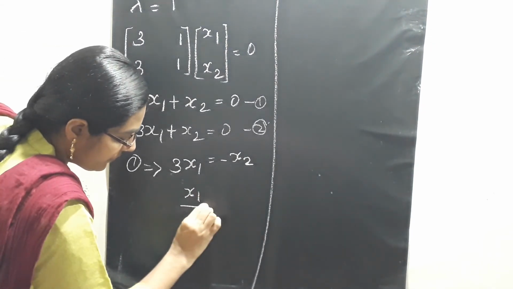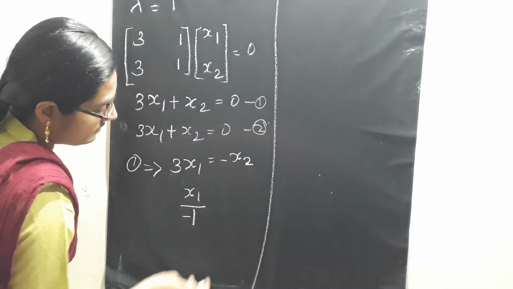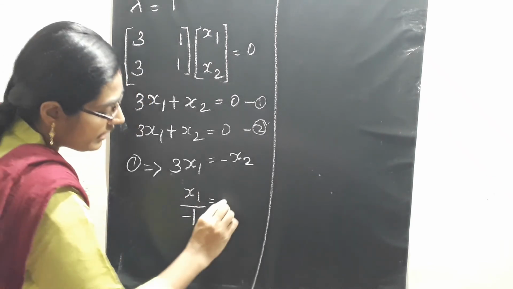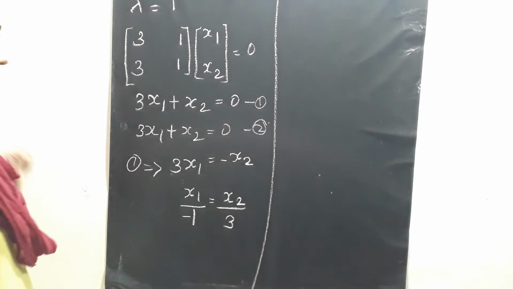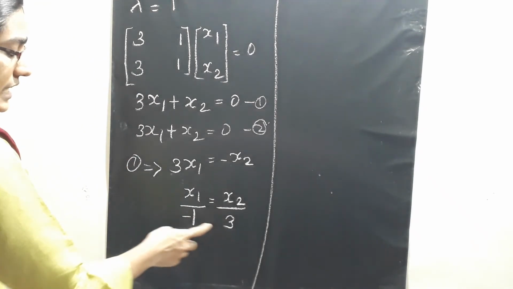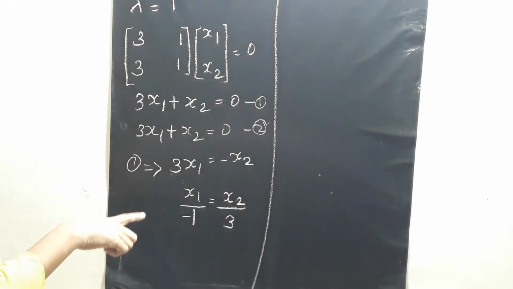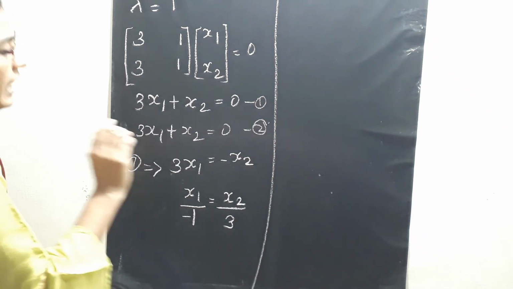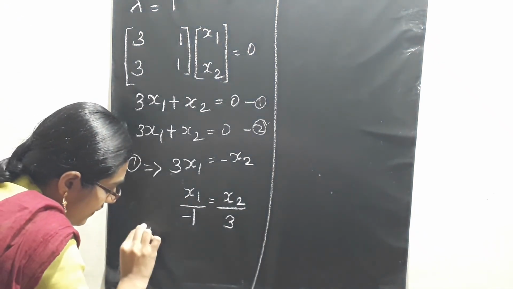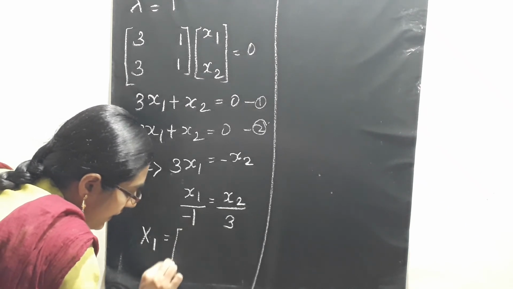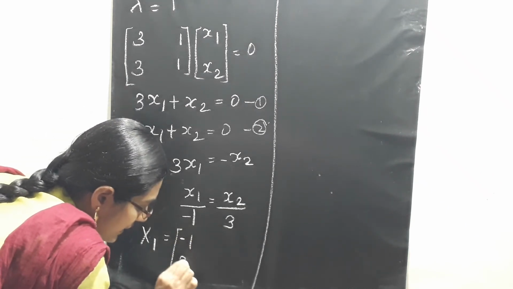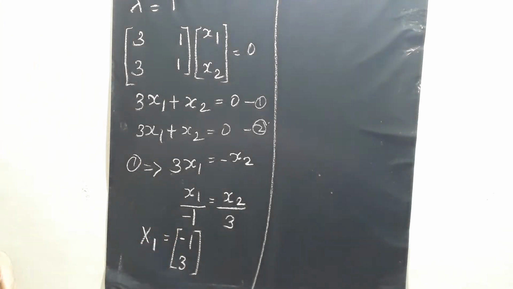Bring it down. x1 divided by minus 1 equal to x2 divided by 3. Right? So if you write these elements in a matrix, you will get that is the eigenvector. That is the first eigenvector x1 corresponding to lambda 1. The answer is minus 1, 3.